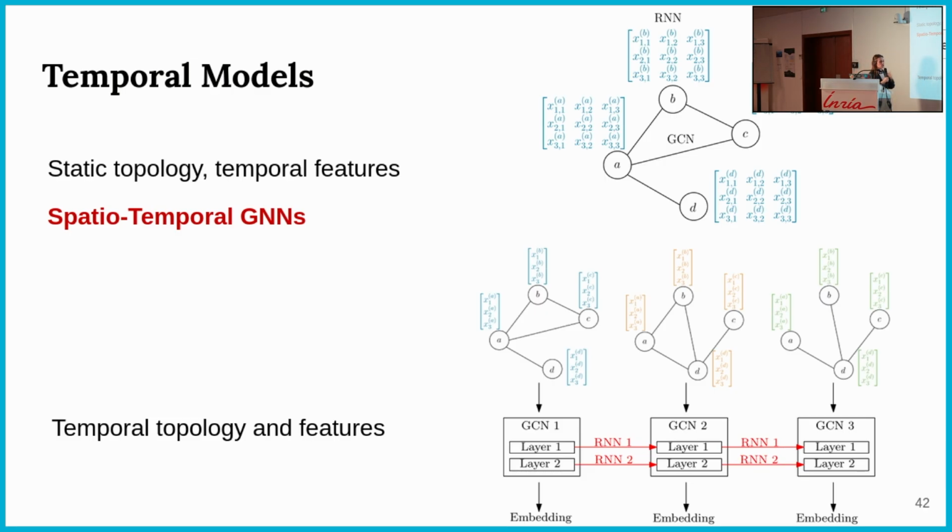They use a recurrent neural network but at the level of the parameters. So the parameters of the first snapshot are given as input to a recurrent neural network, and then the output will be used for the second graph neural network, and so on.